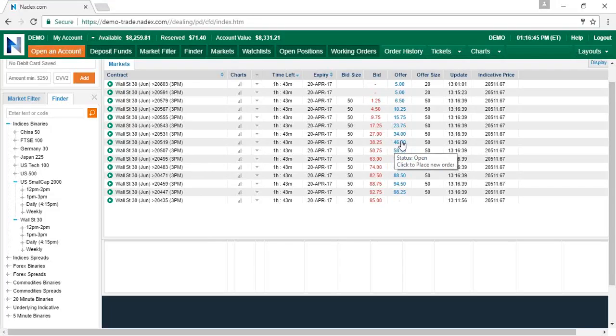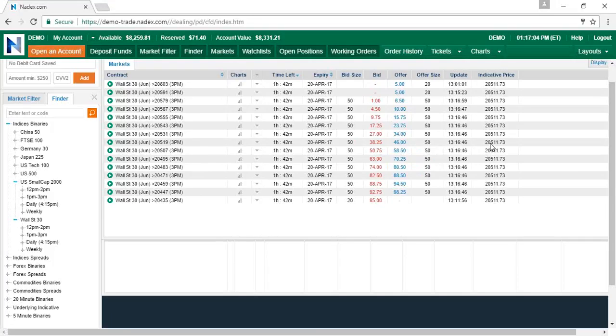binary then would be more like the at the money binary? Well, then this next binary up, 12 points up, would be the at the money binary, right? Does that make sense?